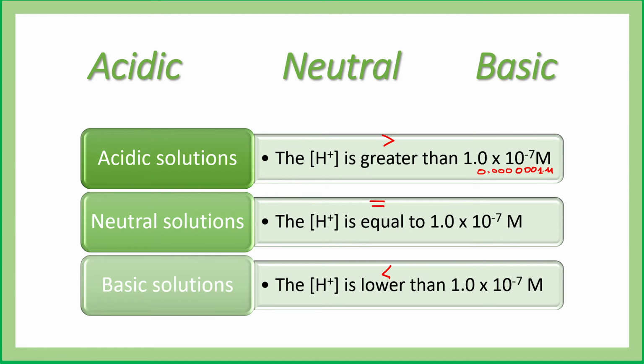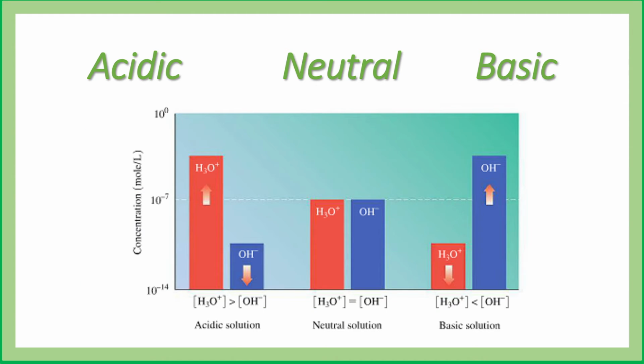Here we haven't reached the part of the pH scale. That's for the next topic. Here we are just focused on the hydrogen ion concentration. And one important thing that you have to notice is that if you increase the hydrogen ion concentration, the hydroxide ion will decrease.